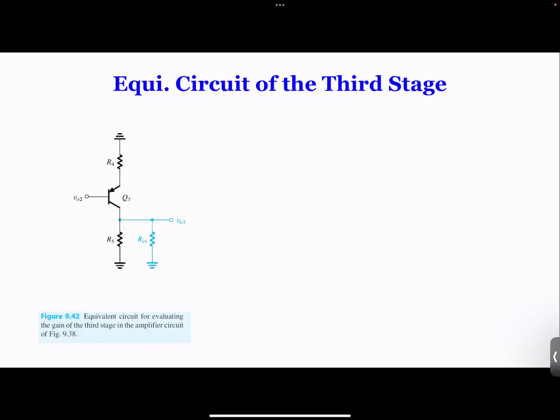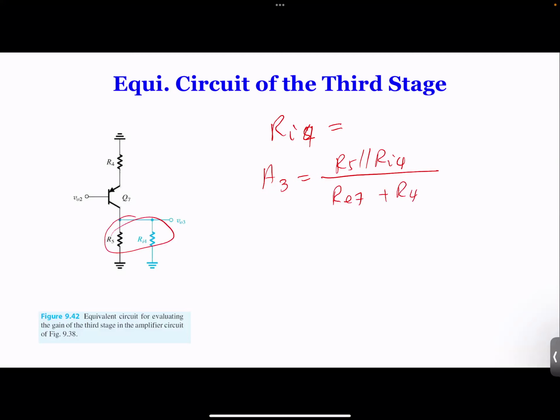So again, over here, the first thing we need to do is to identify R5. But for R5, you can review the book. It tells you how to identify R5. Once you identify R5, the gain of stage 3 is going to be R5 in parallel with Ri4, over RE7 plus R4. See, these two are in parallel.